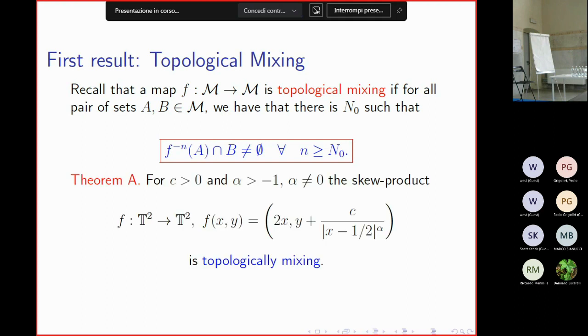We proved that for c bigger than 0 and alpha bigger than 1, the cocycle is topologically mixing.